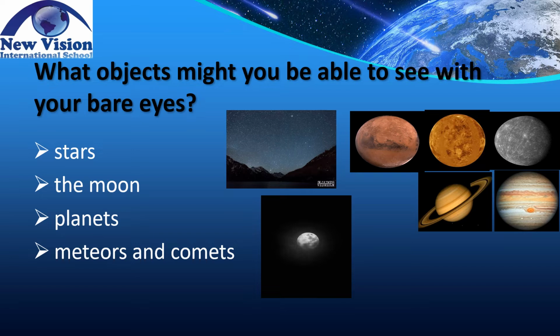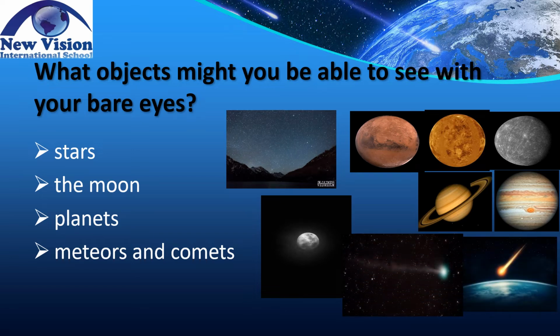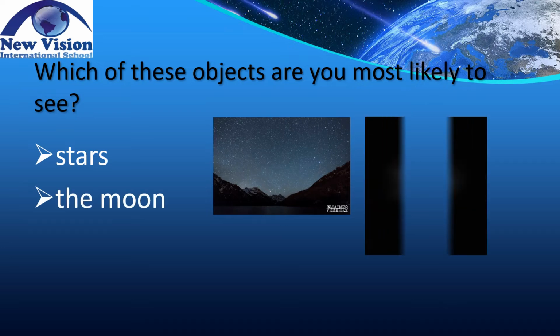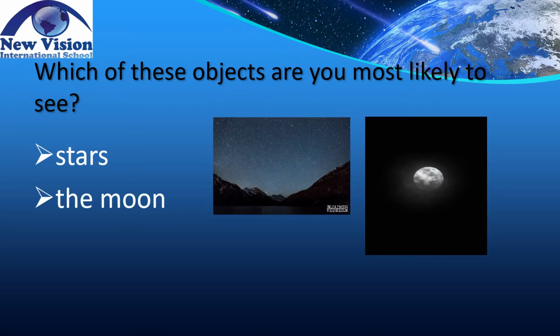Meteors and comets. Okay, good. Which of these objects are you most likely to see? Okay, if your answers are stars and the moon, congratulations, you're correct.